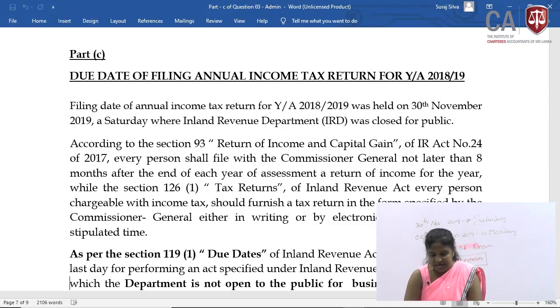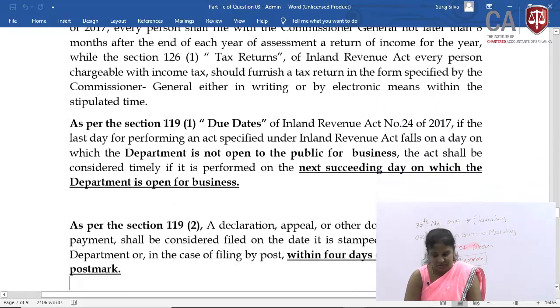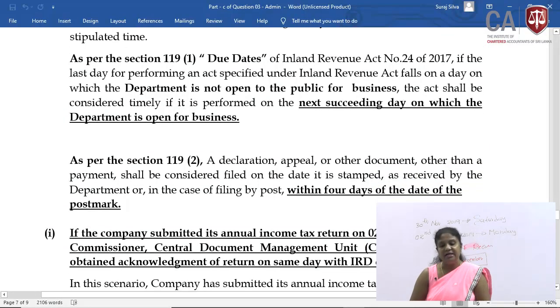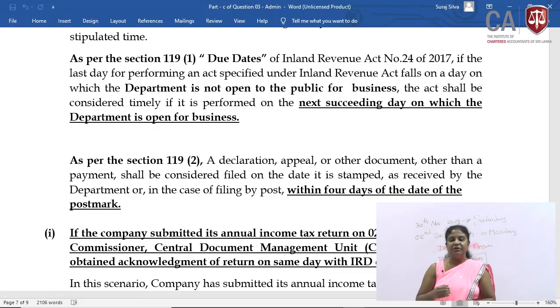The particular section is 119 subsection 1, a very important section. As per section 119 subsection 1, which is about due dates, of the Inland Revenue Act number 24 of 2017, if the last day for performing an act specified under the Act falls on a day on which the department is not open to the public for business, very clearly this issue has been addressed in the Act, the act shall be considered timely if performed on the next succeeding day on which the department is open for business.